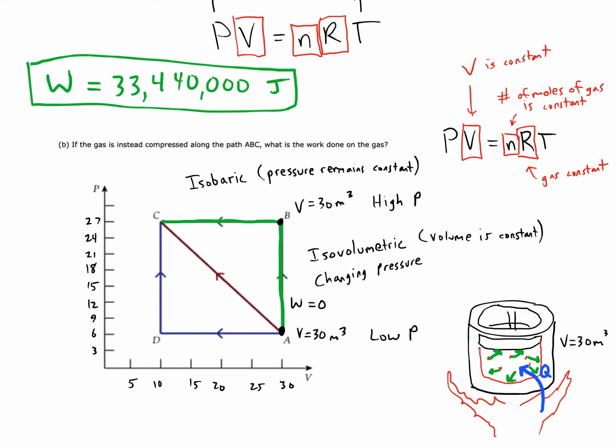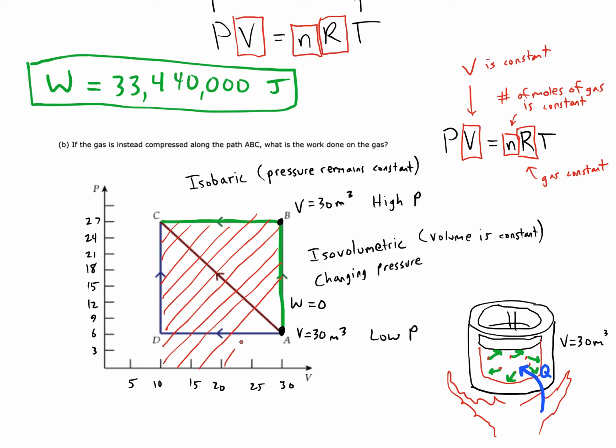Since the volume is changing, we assume that the piston is moving down. And we just need to find the work done from B to C by calculating the area underneath that segment BC. It does extend all the way to the horizontal axis. This is the area that we want to get.